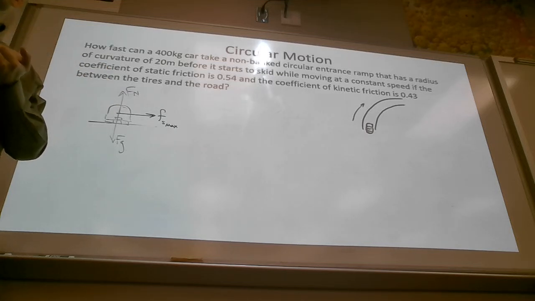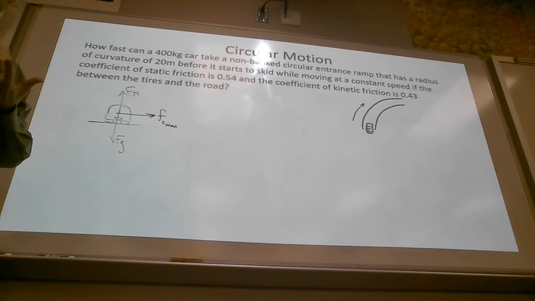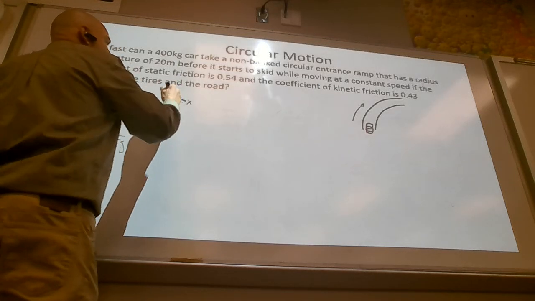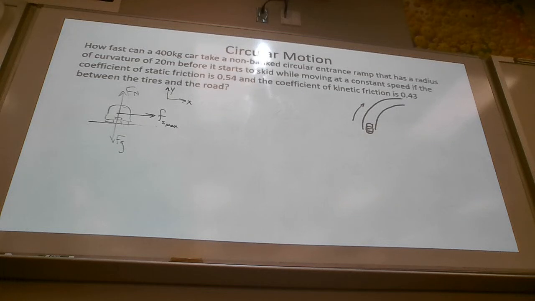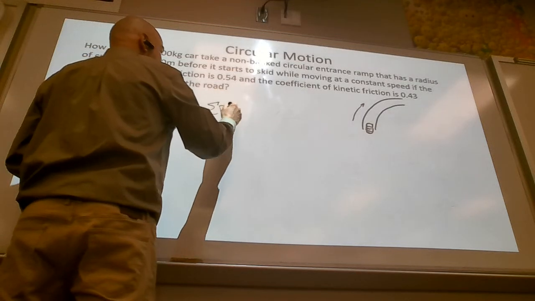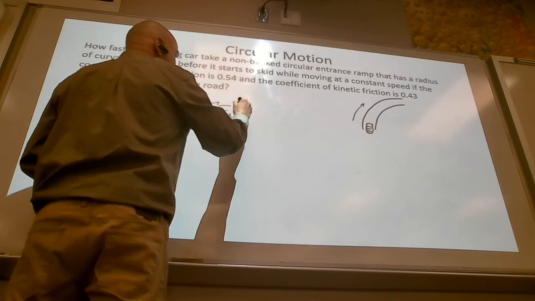Here's a really important aspect. Always make towards the center of the circle the positive direction. Always. Okay? So I'm going to make to the right positive x and up positive y. Sum of the force in the x direction, are they equal to 0?